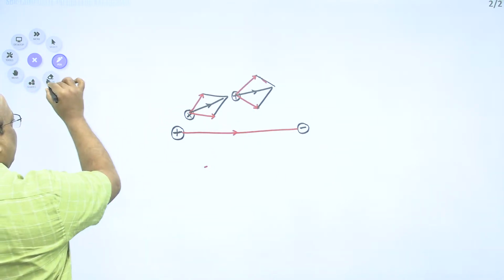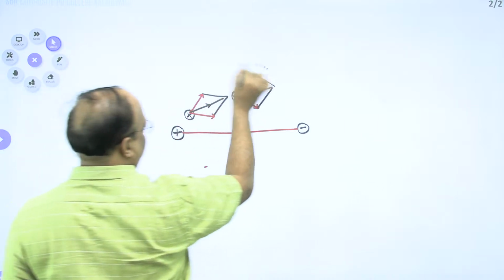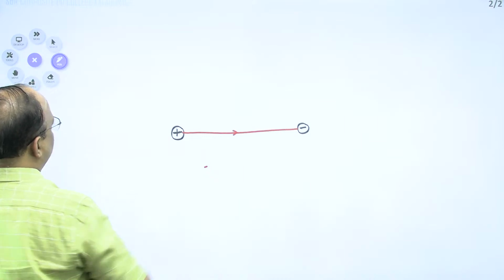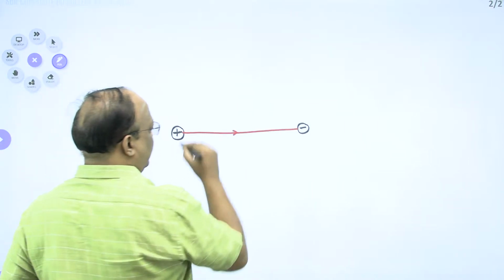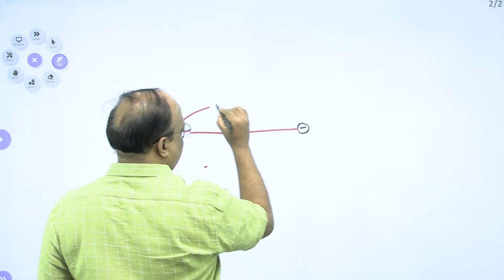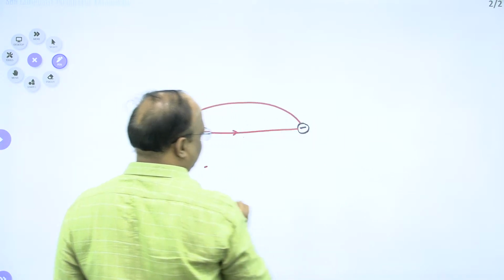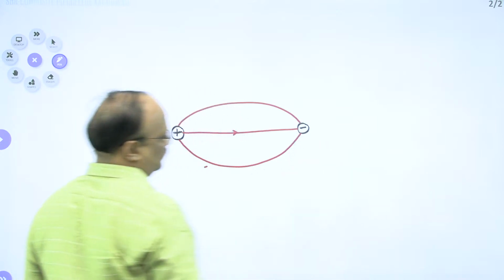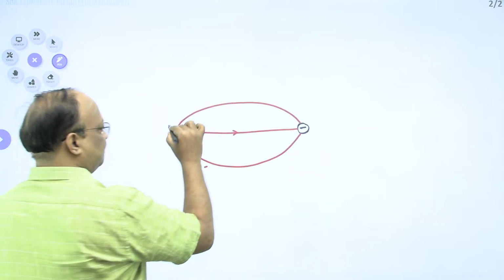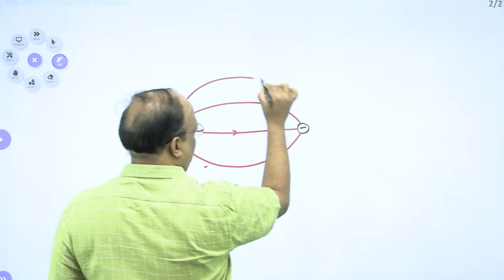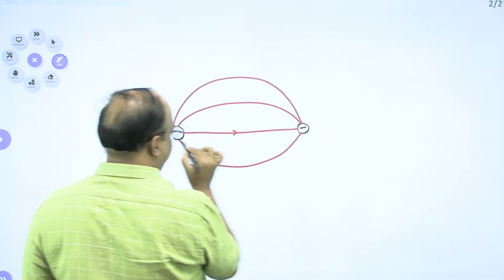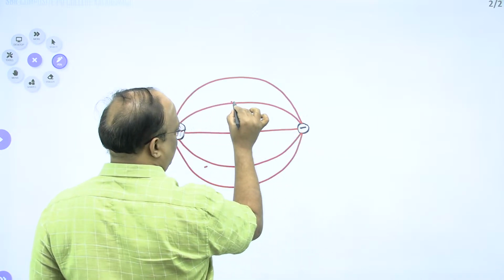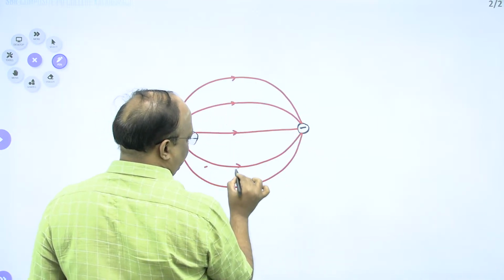In this way, if we draw, the electric line of force will be somewhat like this. Of course, the direction is from positive to negative.